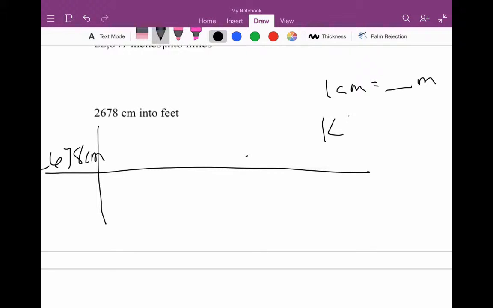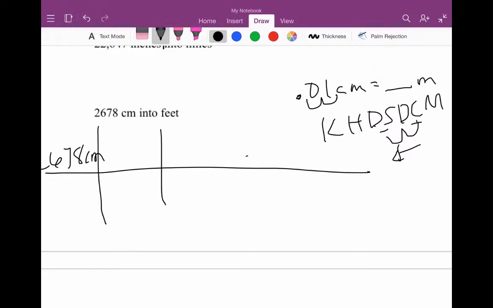To do that, King Henry died Sunday drinking chocolate milk. We are going from C to standard, so we jump twice to the left, which means we move our decimal point 1, 2, 0.01. So we have 1 centimeter, 0.01 meters. Our centimeters will cross out.